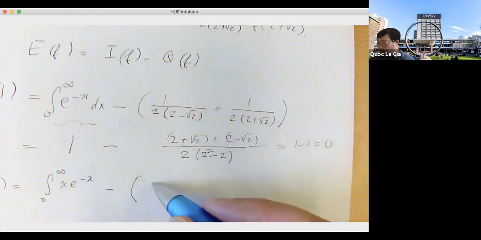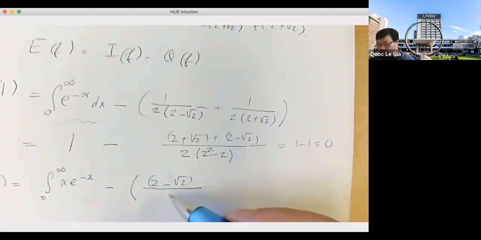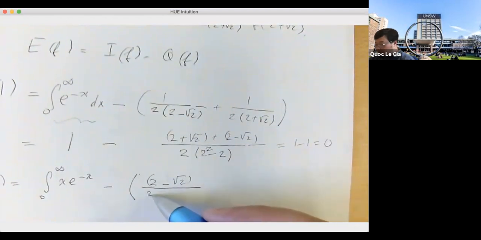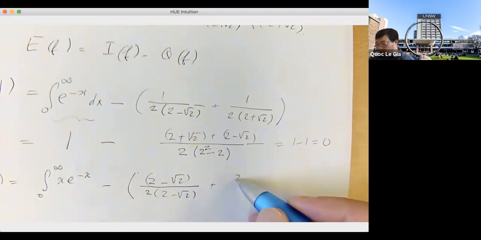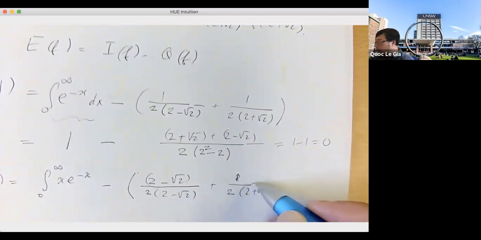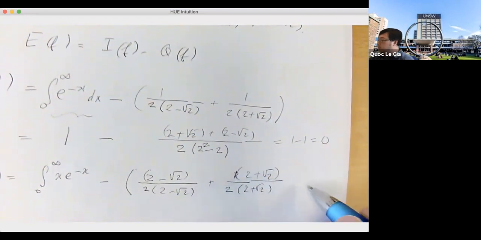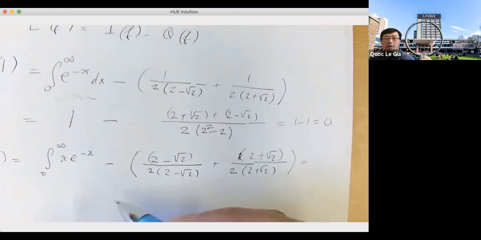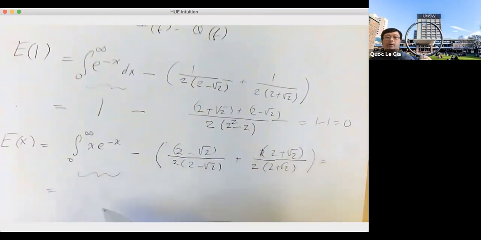So x will be 2 minus root 2 over 2 minus root 2, and this one is 1 over 2 plus root 2 and 2 plus root 2. Okay, so if you do the calculation, this one just gives you 1. Okay, so this one you have to do integration by parts.